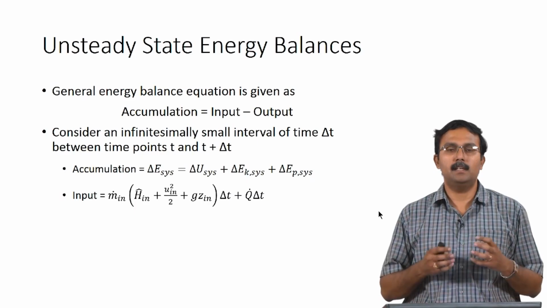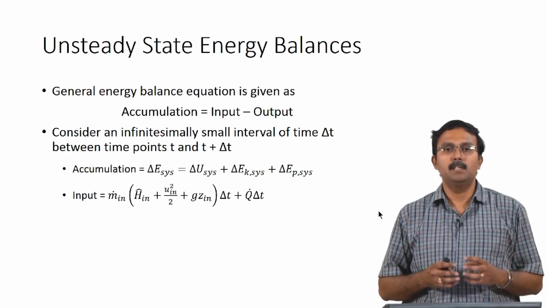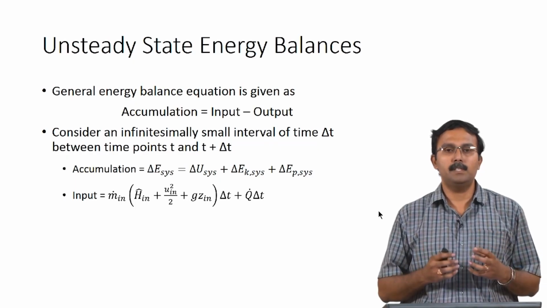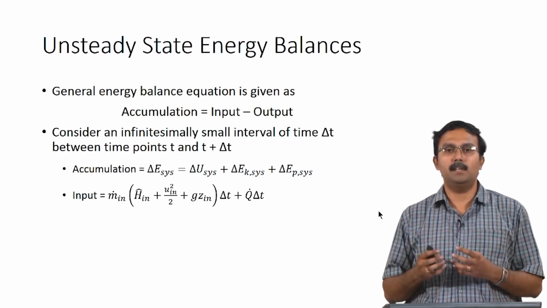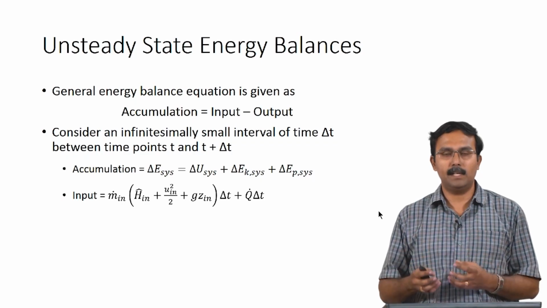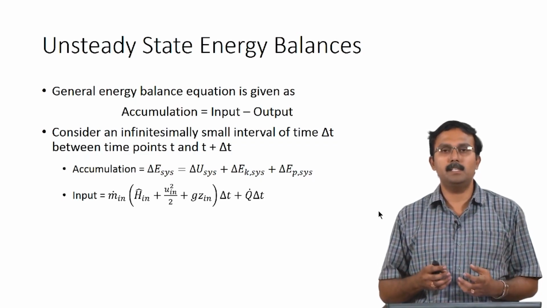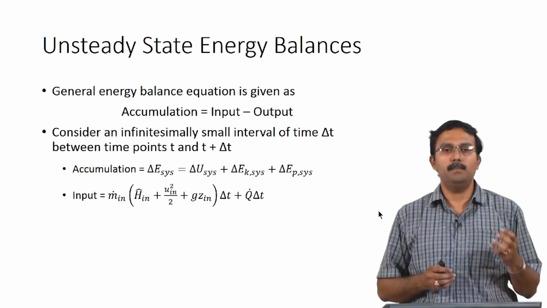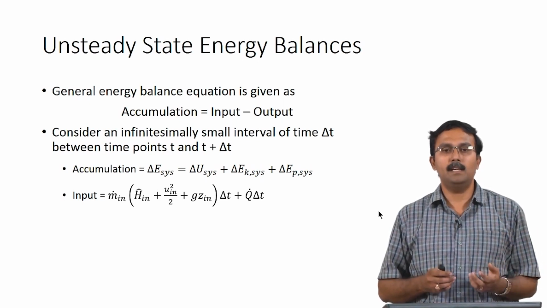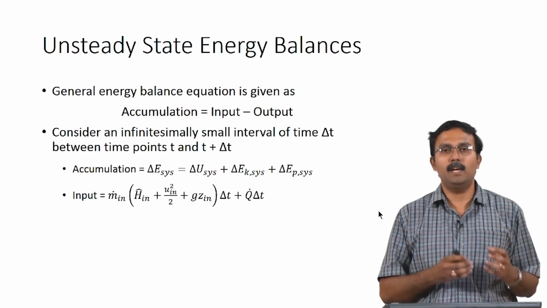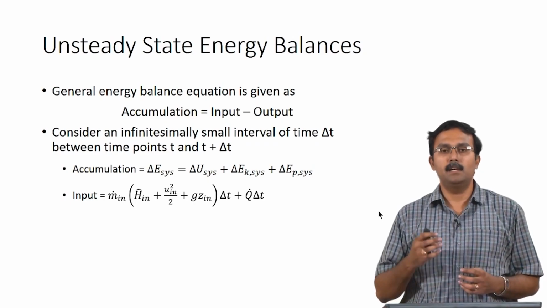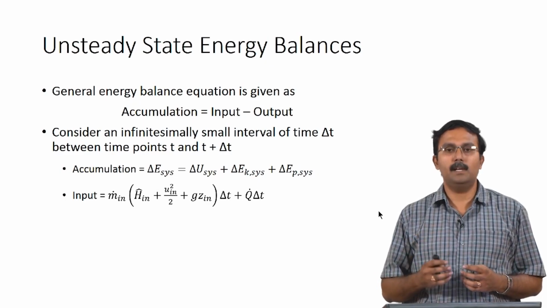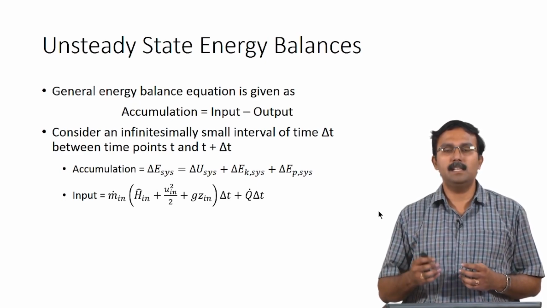The next term you have is the input term. The input streams can have energy. The rate of input of energy times delta t will give you the total energy input. That would be given as m dot in, which is the mass flow rate of the inlet stream, times h cap in plus u in squared divided by 2 plus g z in.